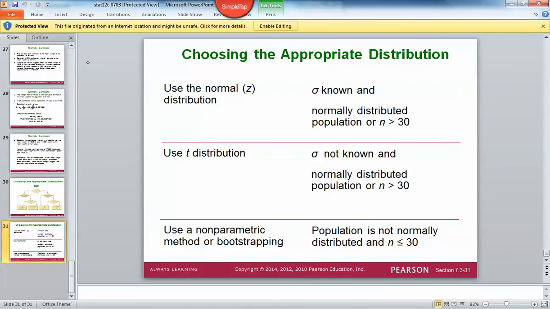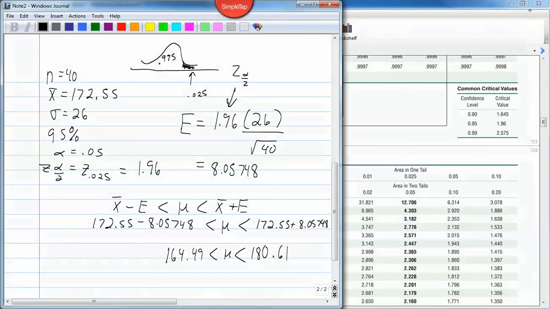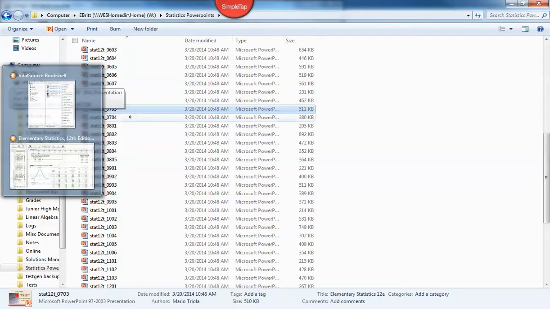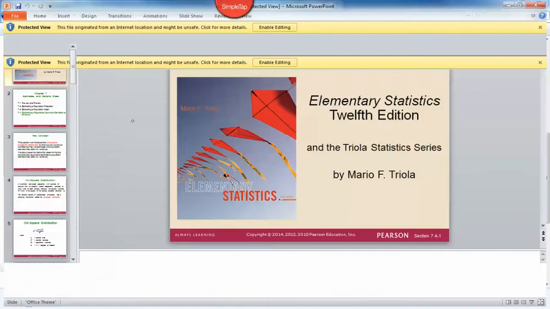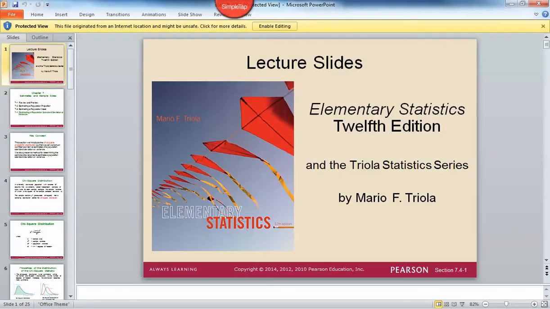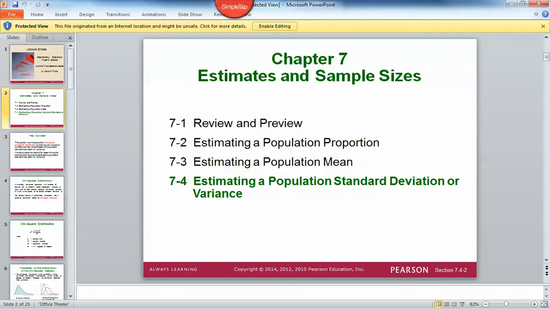Which brings us to the next section, 7.4. All right, and this section is on estimating a population standard deviation or variance. So we work with a proportion where we only use z-distributions.